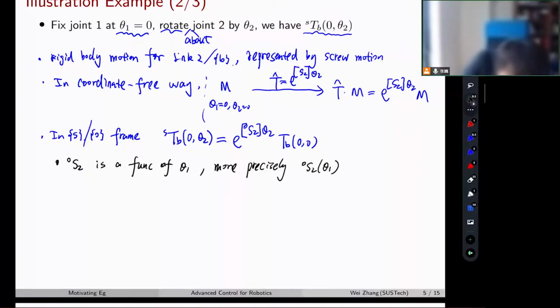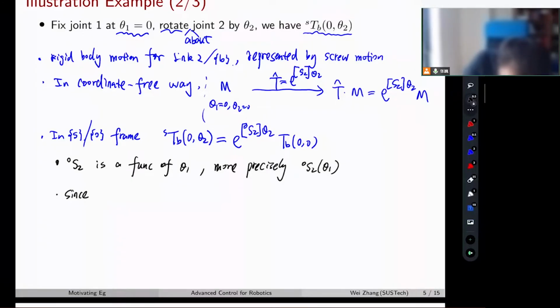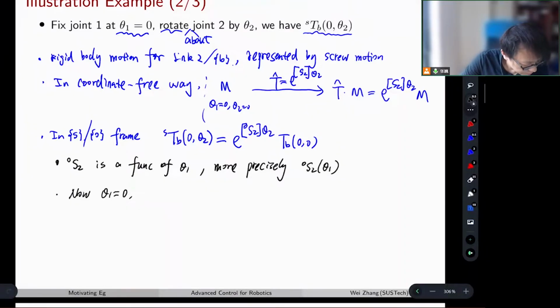So for this bullet point, now θ1 is 0. In this case, this guy has a numerical value now. So let's define, in this special case, S2 in 0.